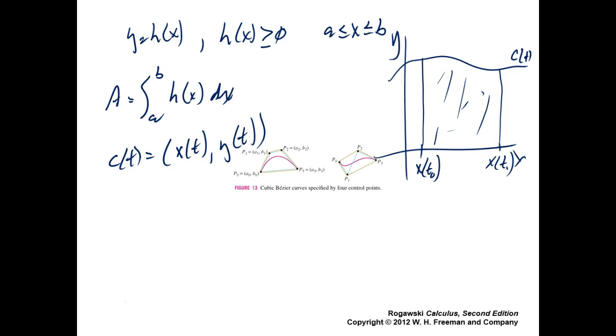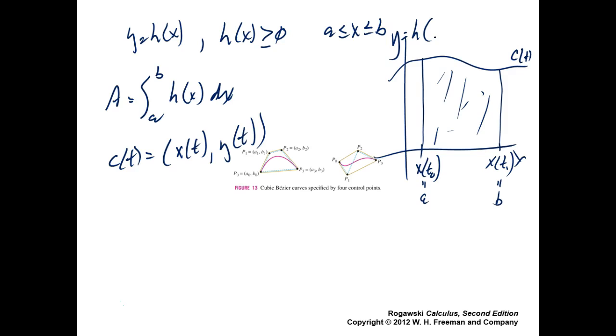So your h of t0 we're calling A, h of t1 we're calling B. Then we can substitute, replacing y equals h of x by y of t, and dx by x prime of t dt, yielding this formula. Notice what they're saying here.